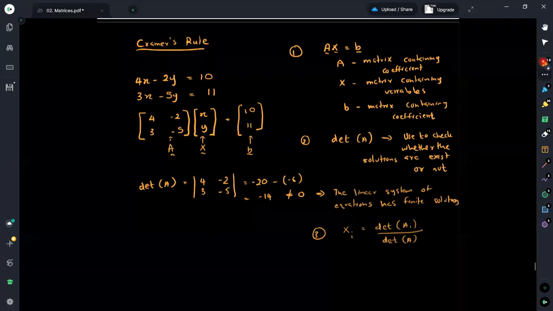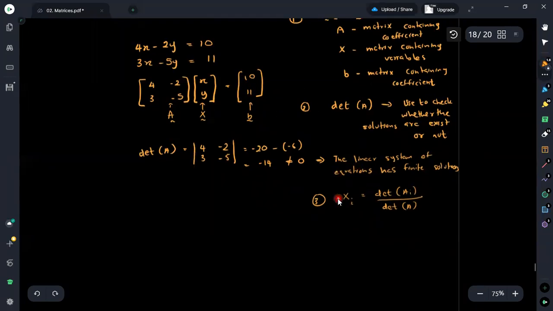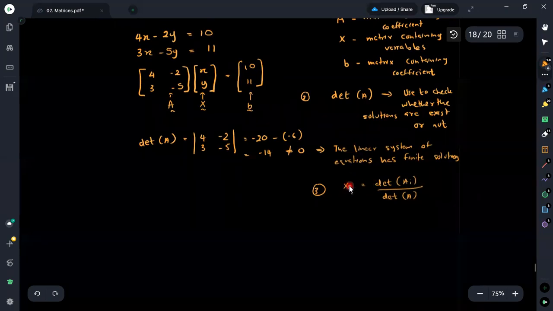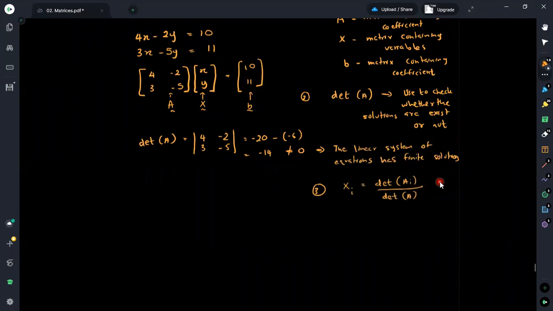Therefore, to identify this Ai matrix, we combine matrix A with the constant matrix. Instead of xi, now we have the variables x and y.